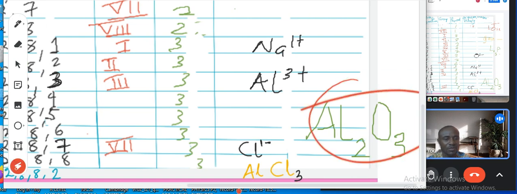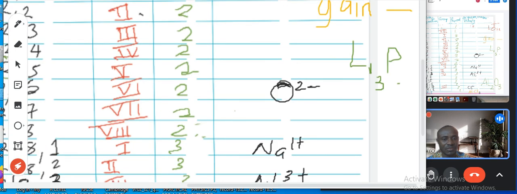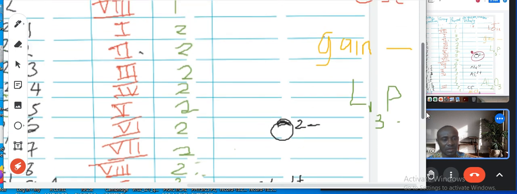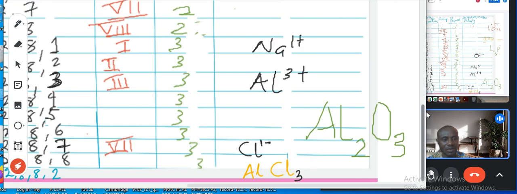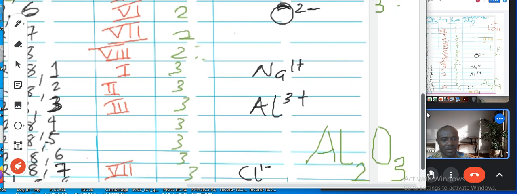That's actually how we got this. Just a quick review. That's how we got aluminum oxide. You know, oxygen is 2 minus and aluminum is 3 plus. So for aluminum oxide, the 3 goes to oxygen while the 2 comes to aluminum. We always write the metallic one before the non-metallic one. All right. Let's take this further.